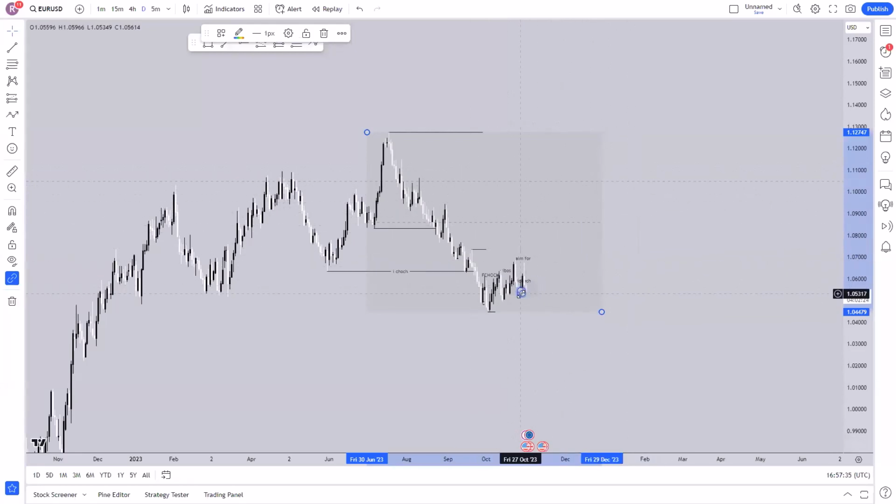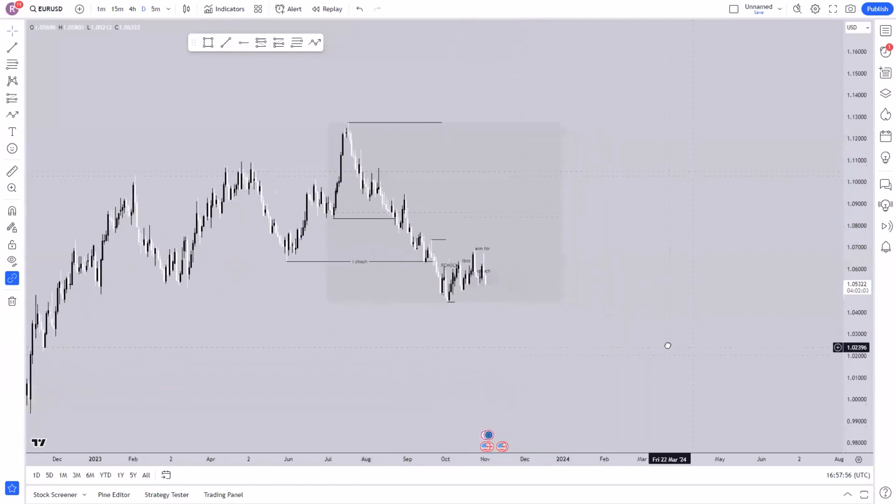So now we could potentially look for longs until we get into this premium. The closer we get to this premium price, the less high probability these buys are going to become, okay? Because we're into that premium now, and price could then drop off.